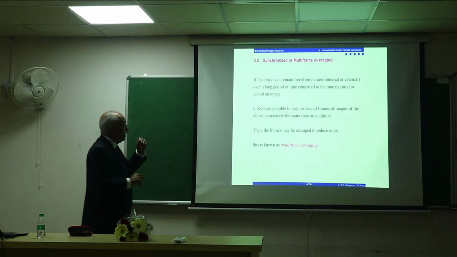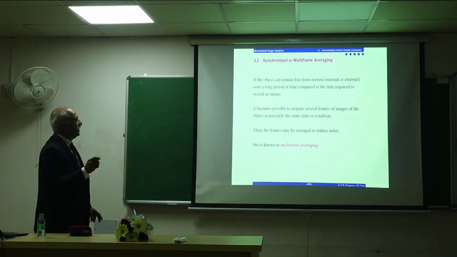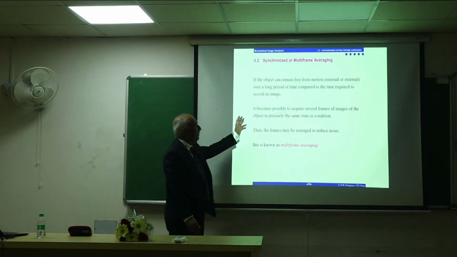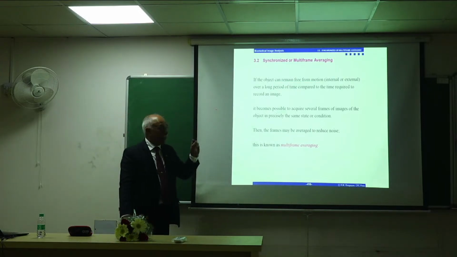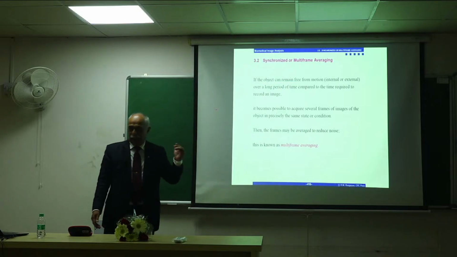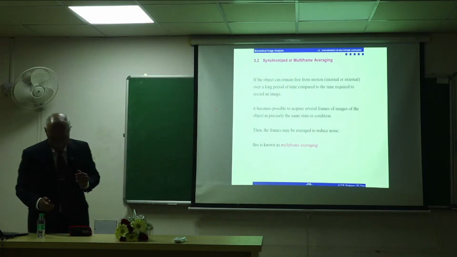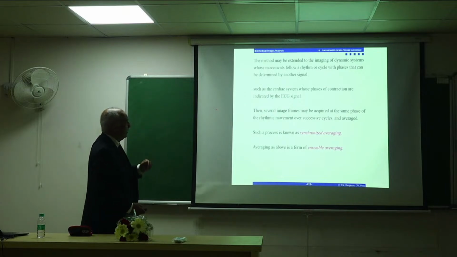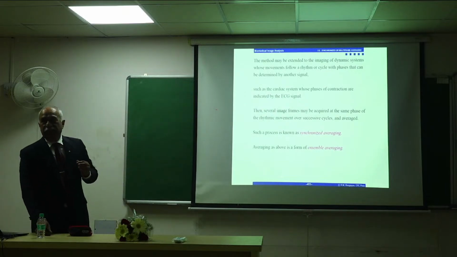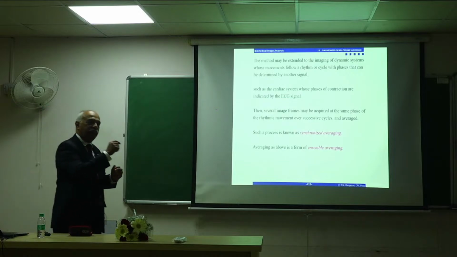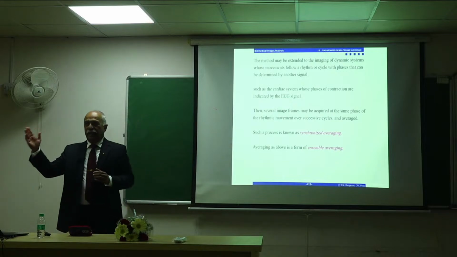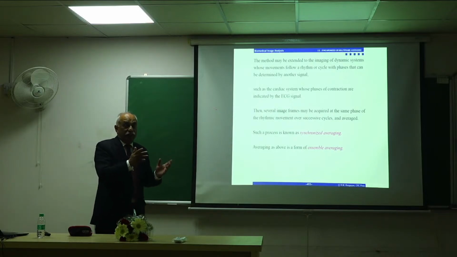If an object can remain free from motion, internal or external, over a certain period, then you can acquire several frames of images of the object. Then you average them, known as multi-frame averaging. So as I mentioned, if there is a trigger that can help you in identifying the same phase of the activity, such as the ECG, it doesn't have to be periodic.